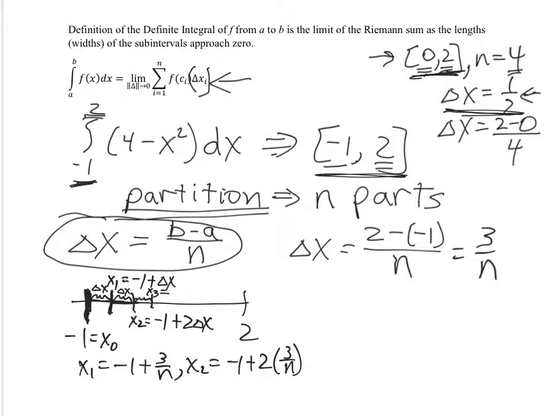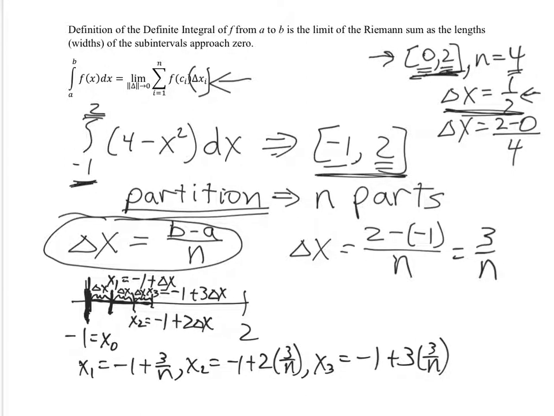From x sub 2 to x sub 3, we have one more delta x. So x sub 3 would be, once again, starting at -1, we're going how many delta x's? Well, we get 3 delta x's. So x sub 3 is going to be negative 1 plus 3 times the delta x representation.